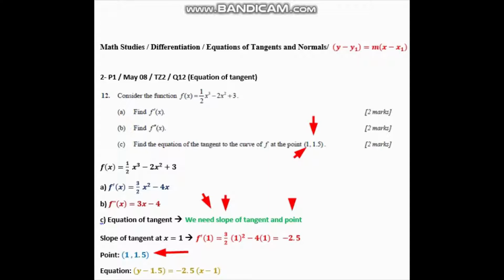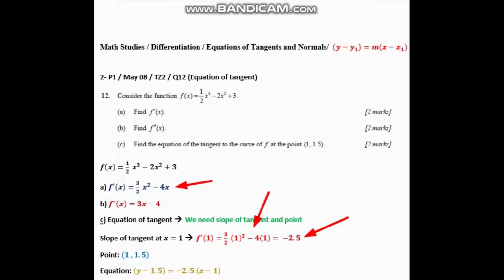So I need to get f dash of 1, which is found by substituting 1 instead of x into the blue equation right there. This gives me 3 over 2 times 1 squared minus 4 times 1, which gives me negative 2.5. Hence, this is my slope.